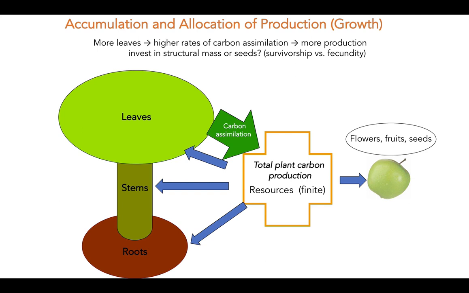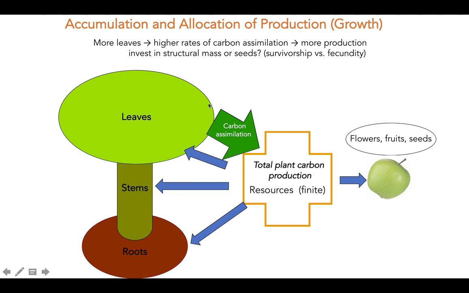So I gave you an equation for fitness, the sum of Lx times Mx. Here we can see that Mx is allocation associated with flowers, fruits, and seeds, but Lx would be associated with how the plant allocates to different components of the plant body. Depending on the type of allocation, a plant can vary in terms of its survivorship.